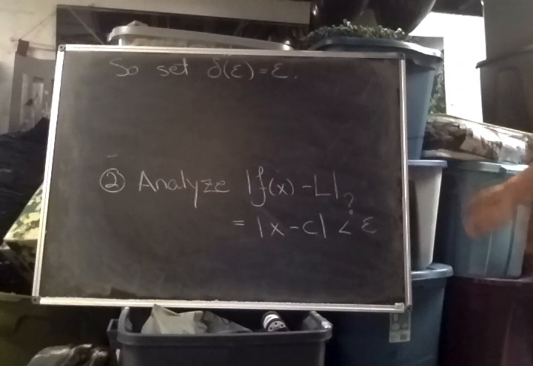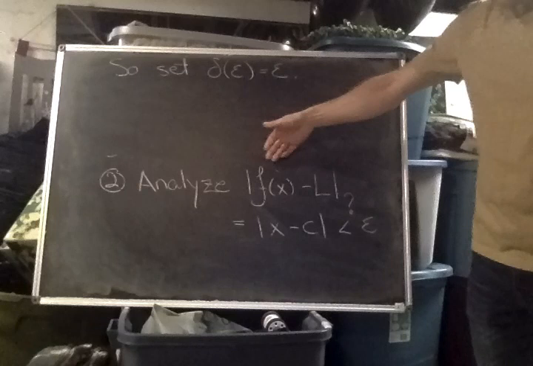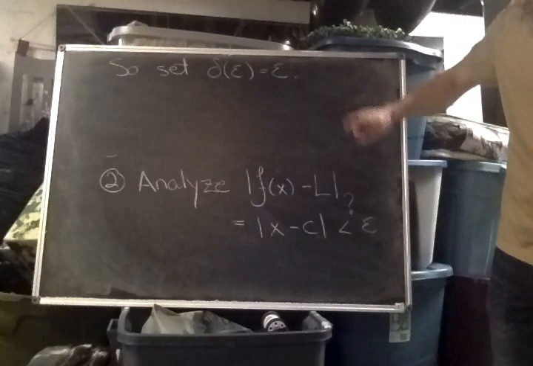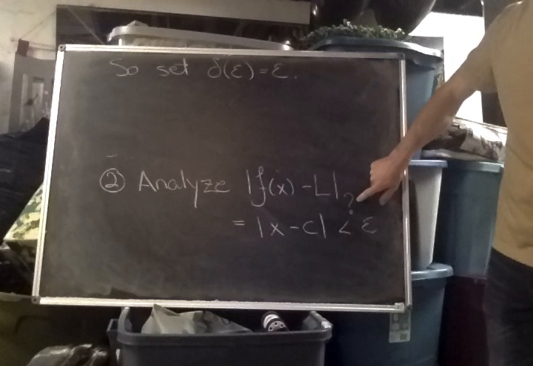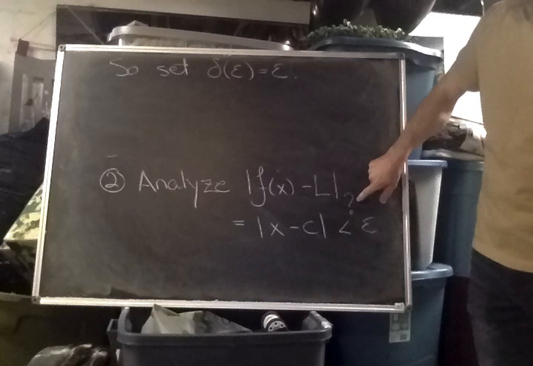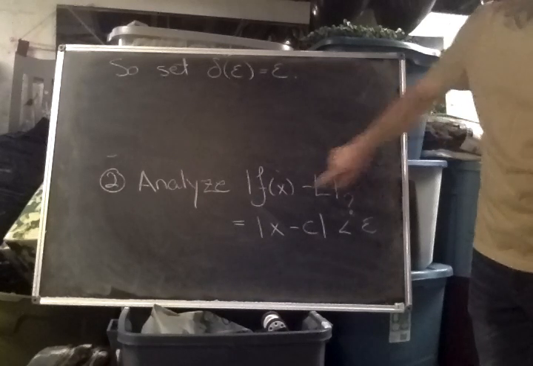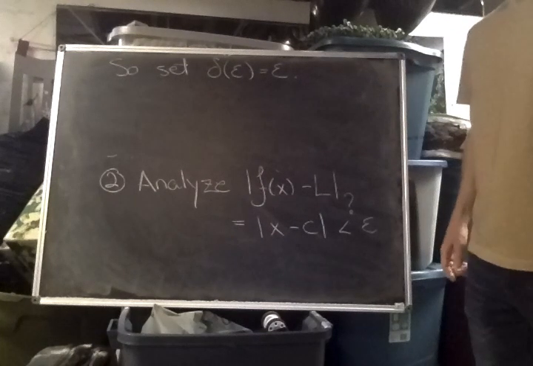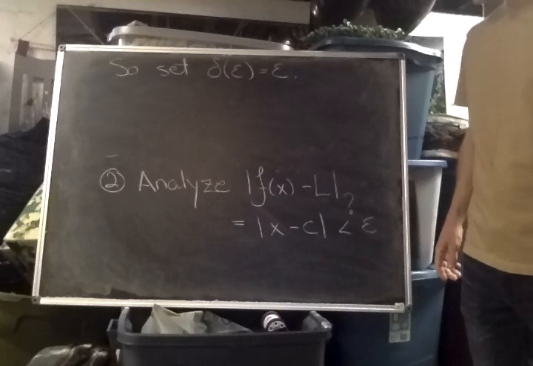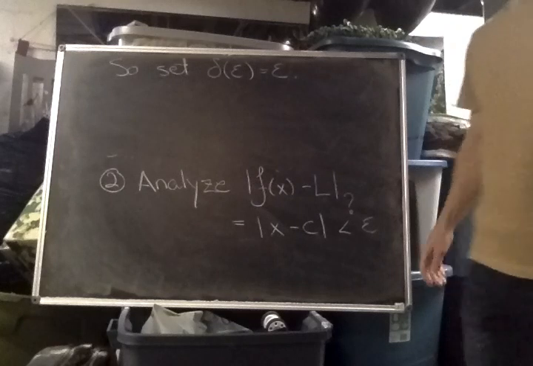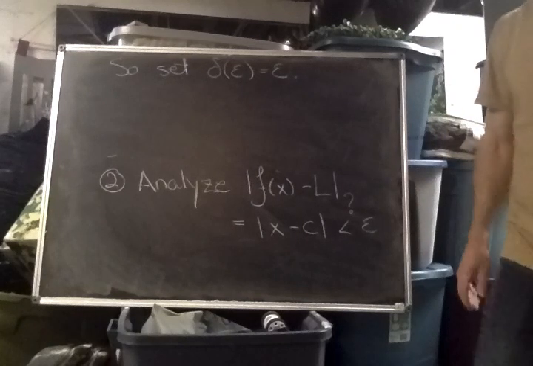Step 2 is consider the absolute value of f of x minus L. Observe that you would like that to be strictly less than epsilon, and then figure out how you can make that happen through imposing a condition on the size of absolute value of x minus c. Okay, and that condition is given by delta of epsilon. Here we figured out that delta of epsilon equal to epsilon will do the trick.